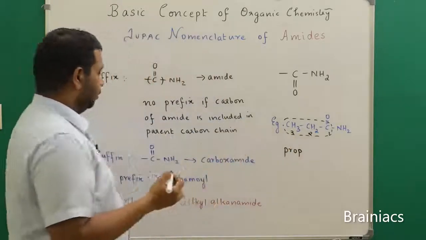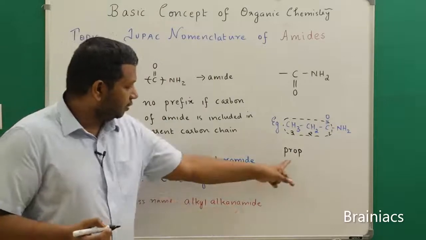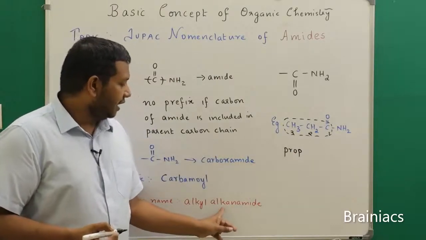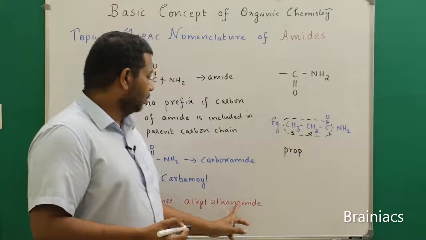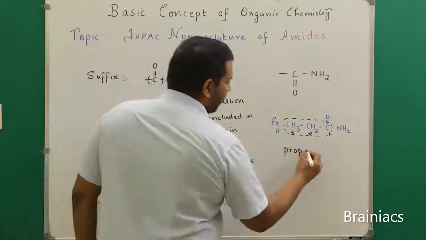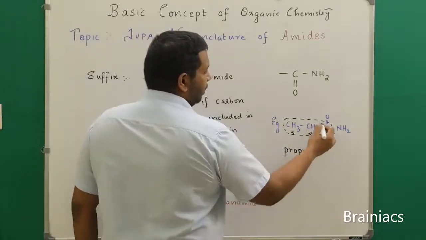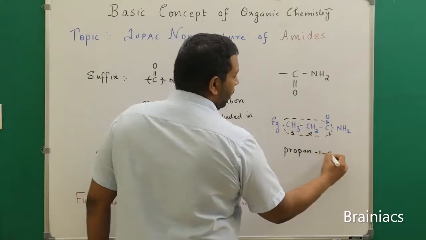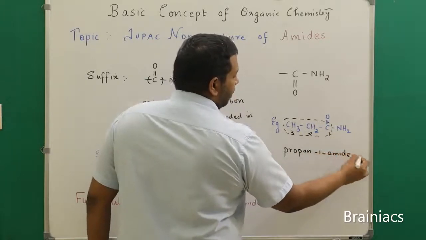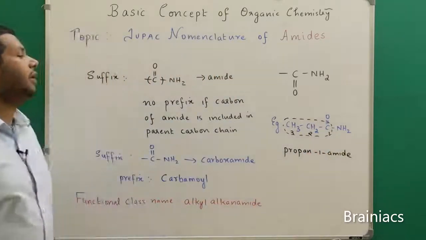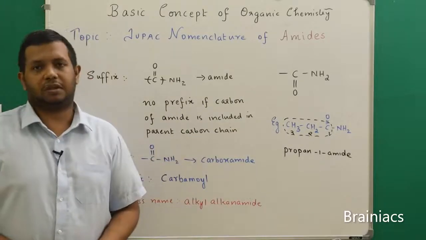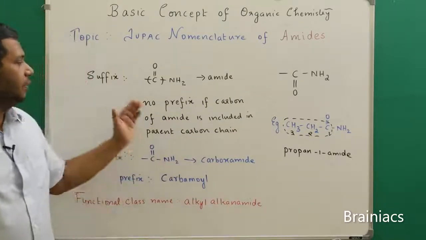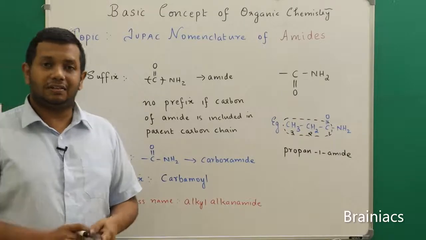Correct. Now all are linked through single bonds, so I can use AN, propan, correct. Then first position, propan-1-amide. Either I can say propan-1-amide or propanamide, both are correct.